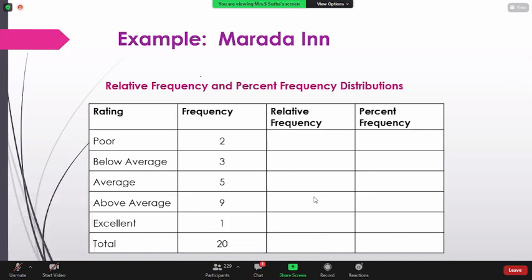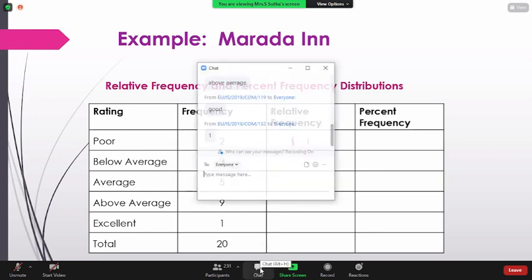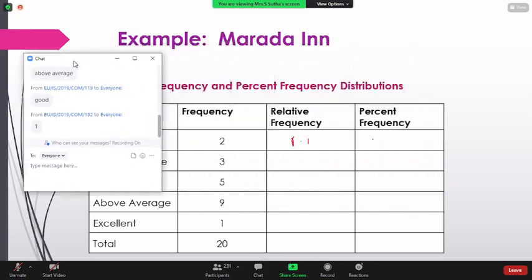What is the relative frequency for this one? Relative frequency for poor. Is it 1? 0.1. Right, 0.1. What is the percent frequency?